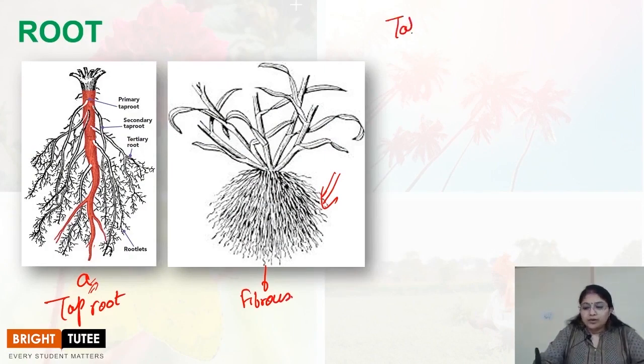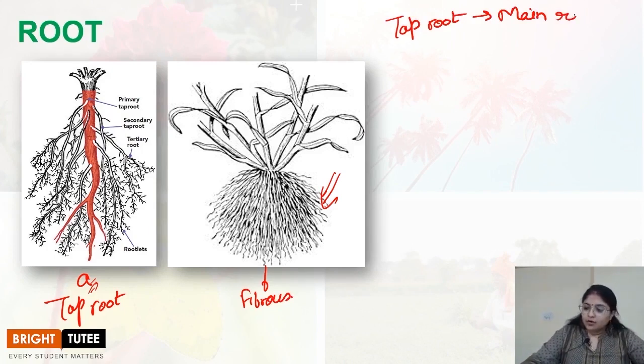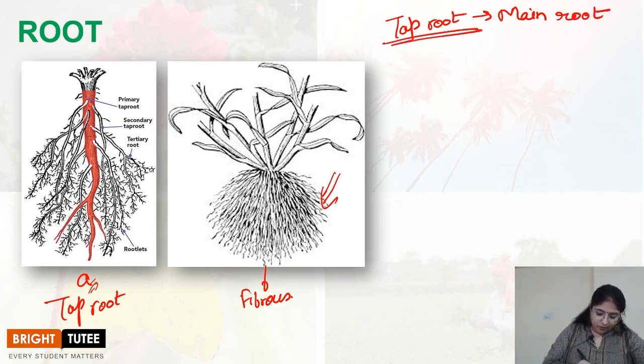When we talk about the taproot system, if you observe, there is a main root in it, right? The main root is called the taproot. That is why the system is called the taproot system, wherein there is a main root known as the taproot, and then there are smaller roots called the lateral roots.